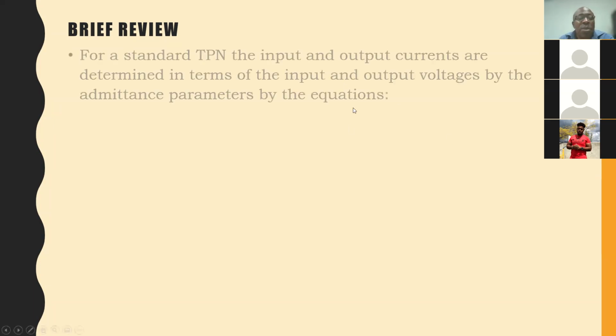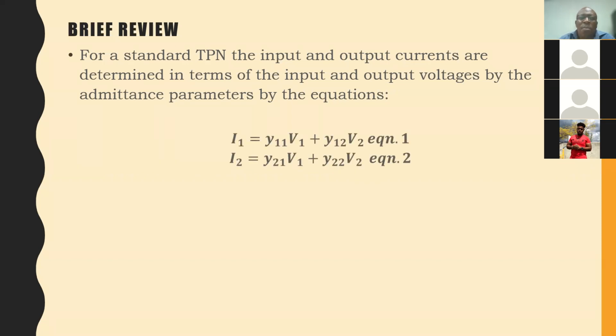So let's start by reviewing briefly what we have done so far with two-port networks in terms of the parameters. We spoke about your standard two-port network in terms of the input and output currents with respect to the voltages. And we indicated that these were described by your admittance parameters, your Y parameters, which is shown with the equations on screen.